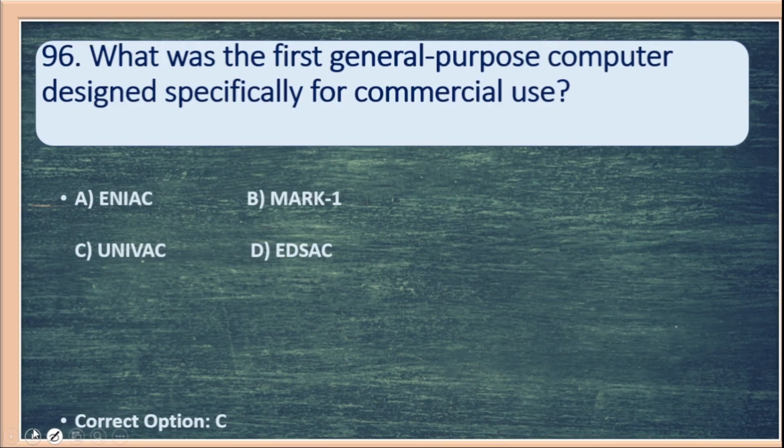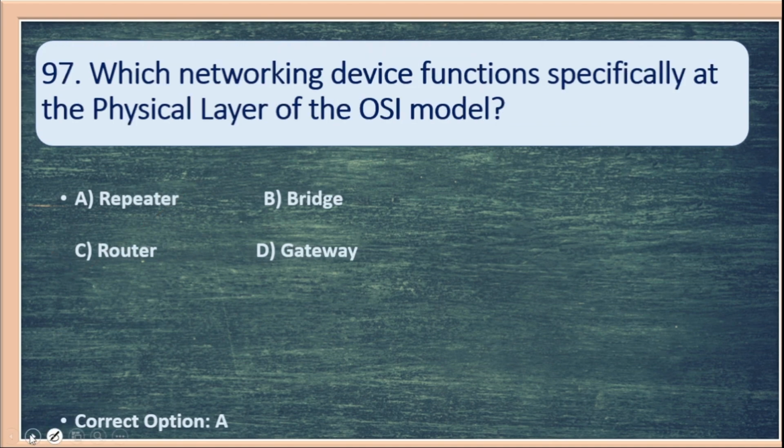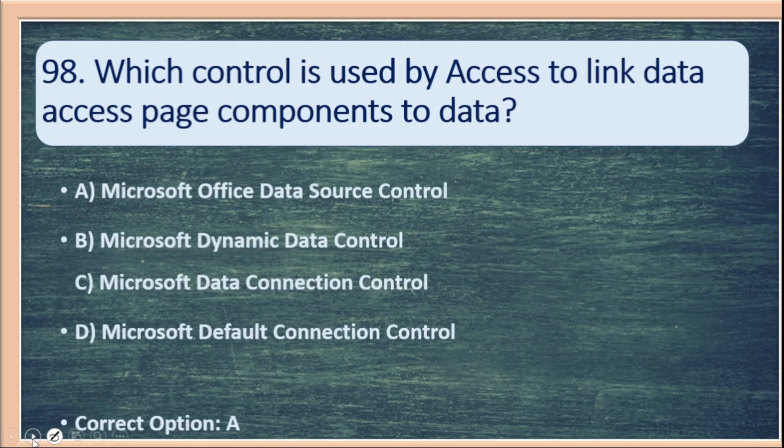What was the first generation commercial computer designed especially for commercial use? ENIAC, Mark 1, UNIVAC, EDSAC. Answer is C. Which networking device functions at the physical layer of the OSI model? Repeater, bridge, router, gateway. Answer is A. Which control is used by Access to link a data access page component to data?